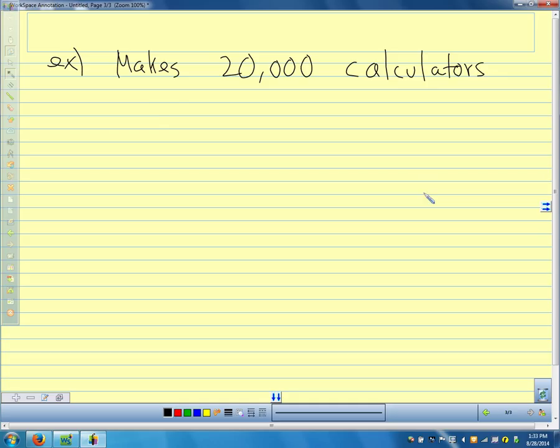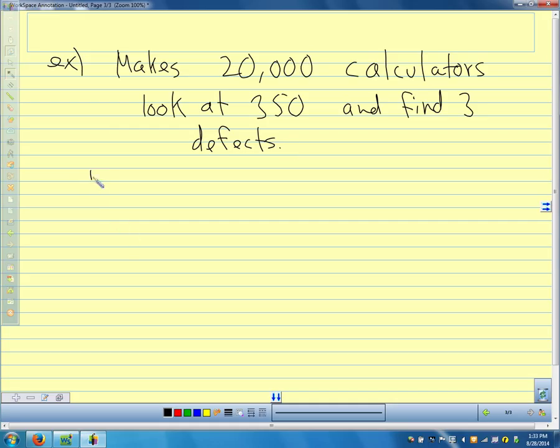So we look at 350 of them, and find 3 defects. So these calculators aren't working right. First thing we want to do is find the probability of a defect.